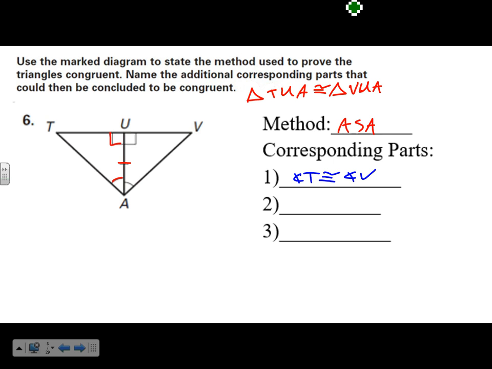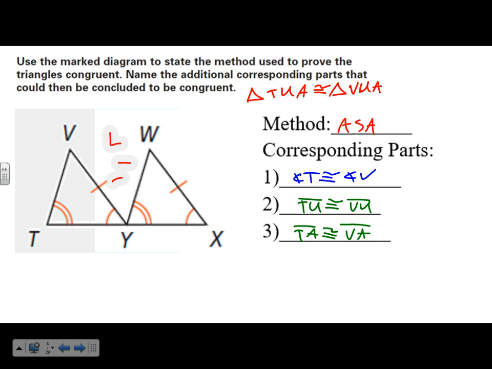I know TU is congruent to VU. And I know TA is congruent to VA. Again, don't make this harder than it is. You're just proving the triangles are congruent, and then after that, all the other corresponding parts have to be congruent.